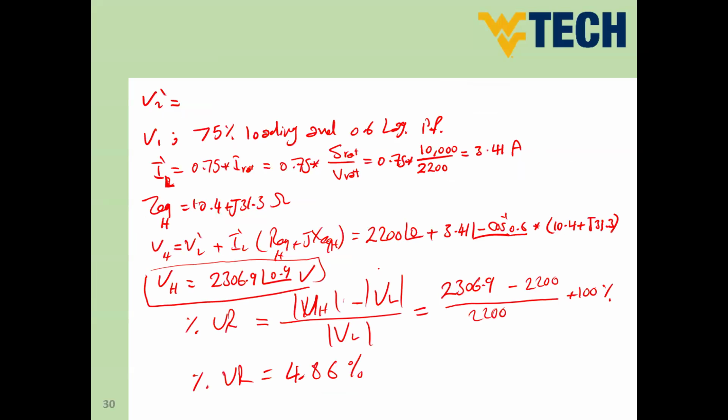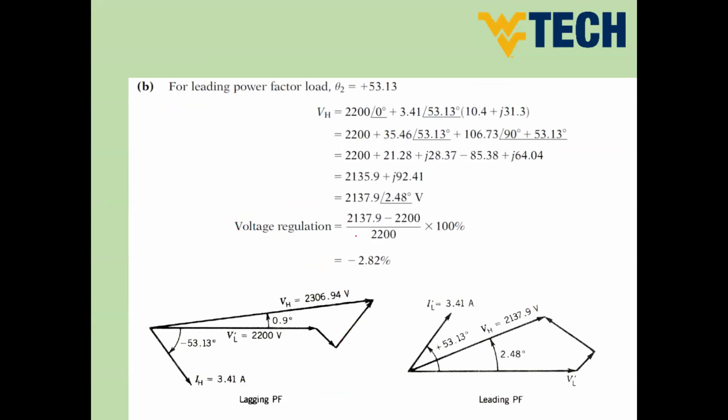So if you do that, you would get volt equals 2137.9. So this means V1 in magnitude is less than V2 prime. And in this case, the volt regulation is going to be in negative sign.